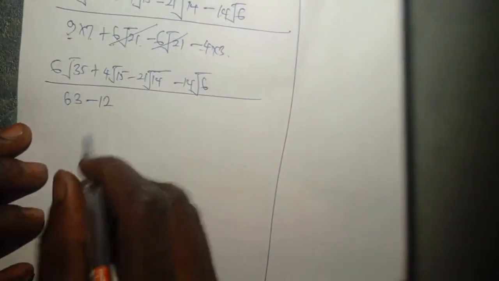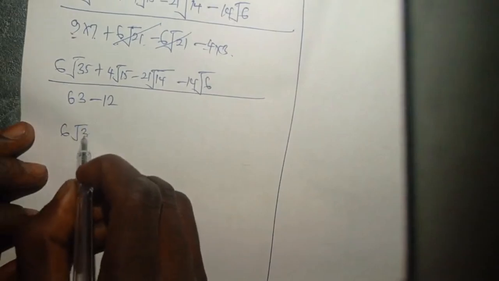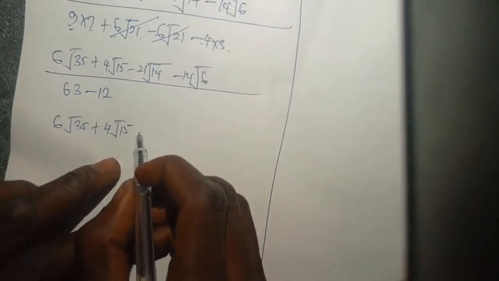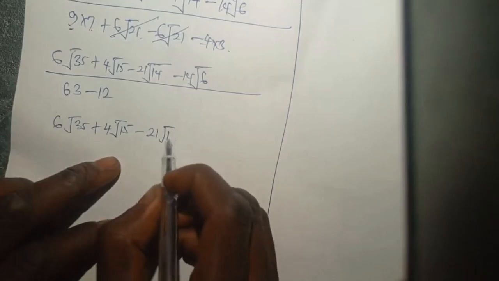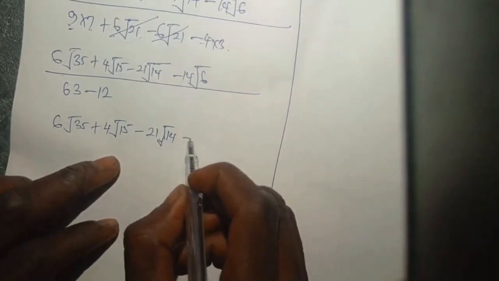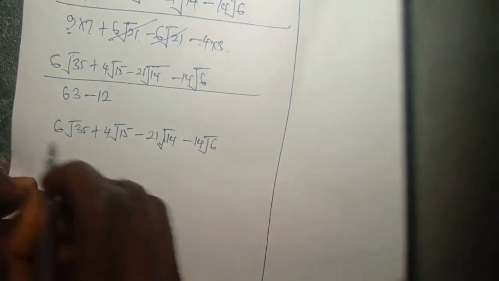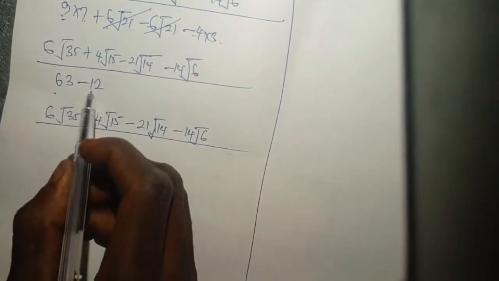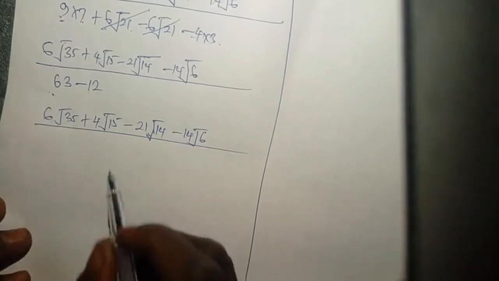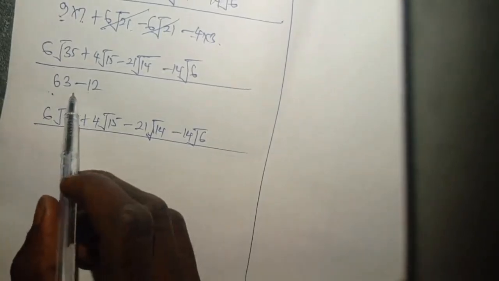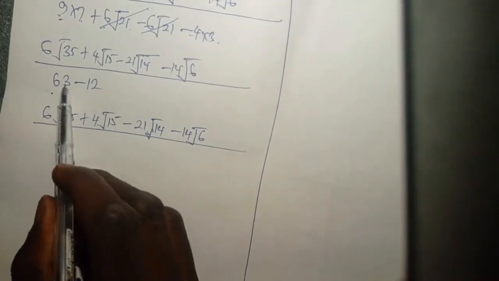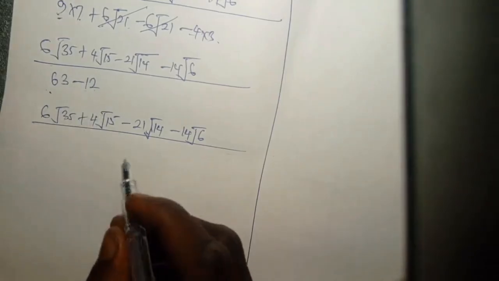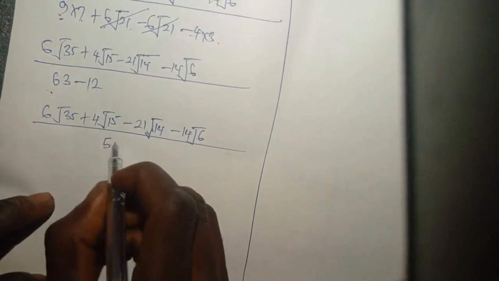Then copy this numerator 6 root 35 plus 4 root 15 minus 21 root 14 minus 14 root 6 over 63 minus 12. 63 minus 10 is going to be 53, and here we remove 2, it is going to be 51, right?